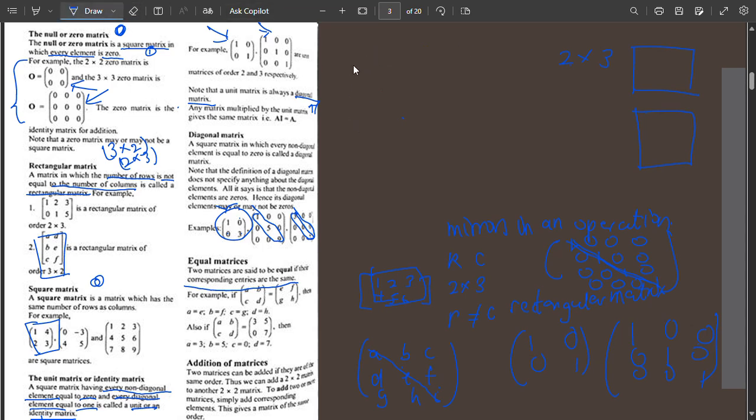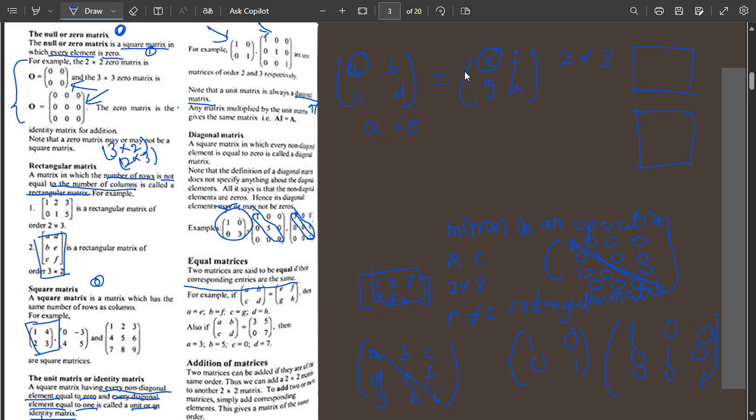So if I have A, B, C, D corresponding or equal to E, F, G, H, then elements that are in the same position are corresponding, they are equal.